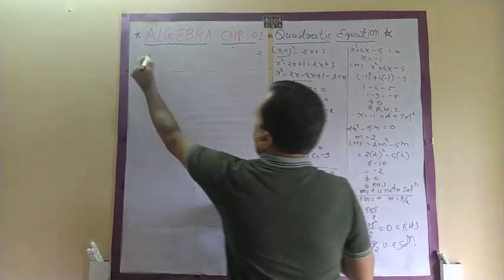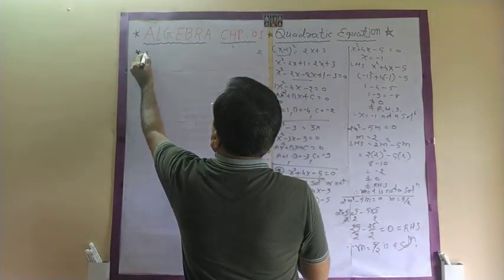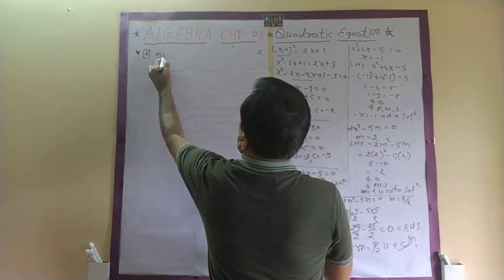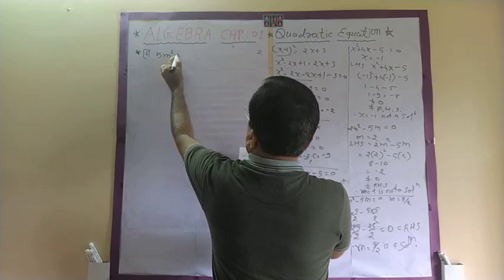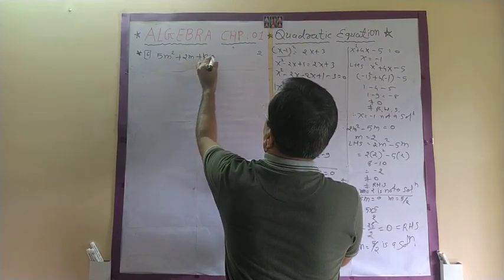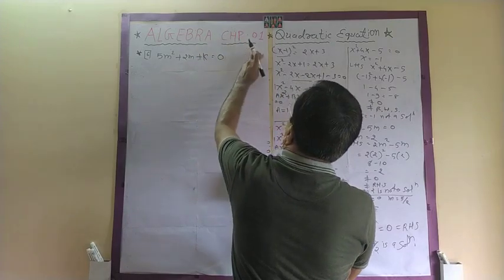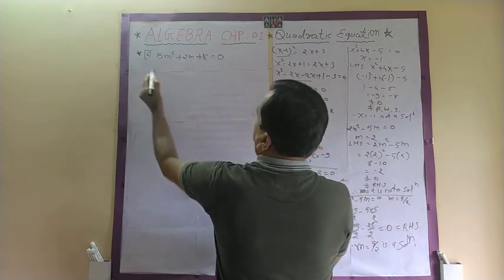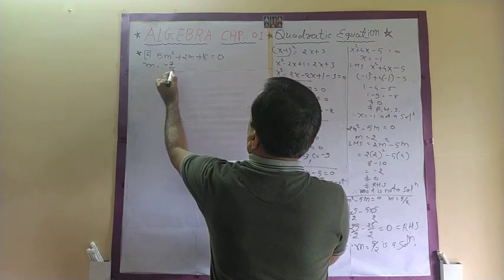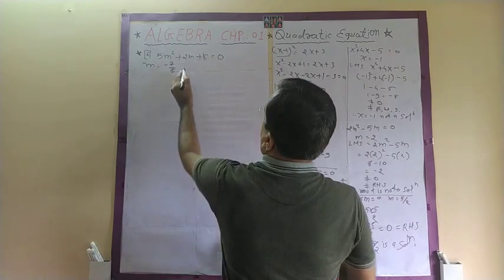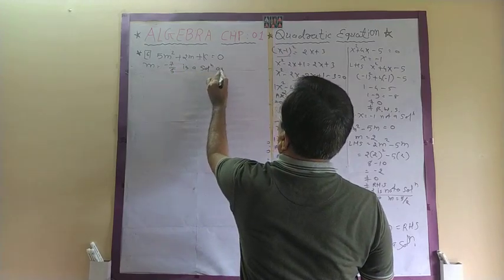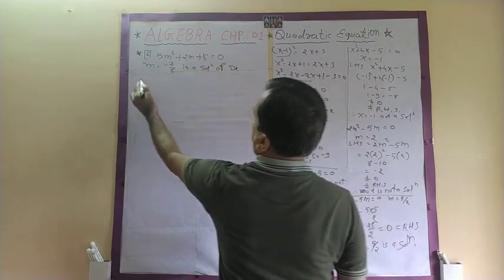Very important. 6th question: 5m square plus 2m plus k, unknown, is equal to 0, and m is equal to minus 7 by 5 is a solution or a root of the equation.